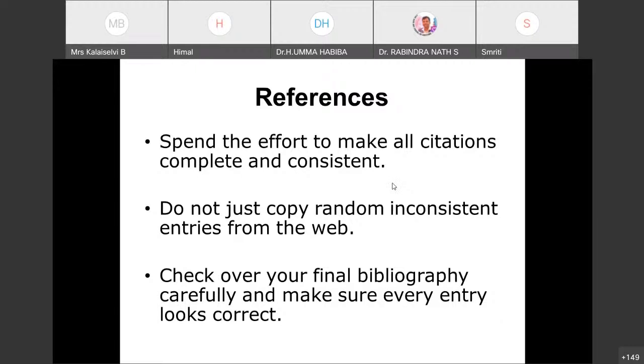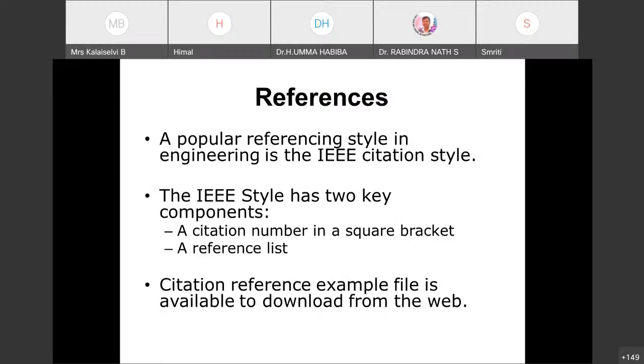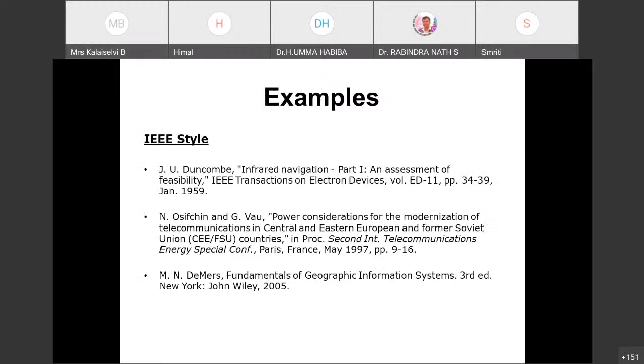There are also styles that you should follow when you are referencing, IEEE style. That is the most popular referencing style that we use in engineering. And also in some cases, sometimes we use Harvard, and so on.